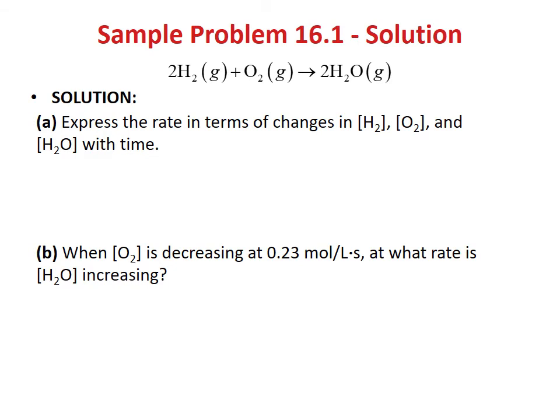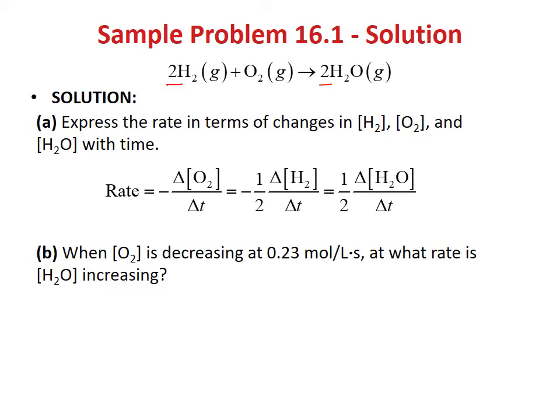To express the rate in terms of change in concentration with time, we need to remember that for the reactants we have a negative sign. And also, we need to divide by the coefficients. So here, for oxygen, you have a negative sign because it's a reactant.